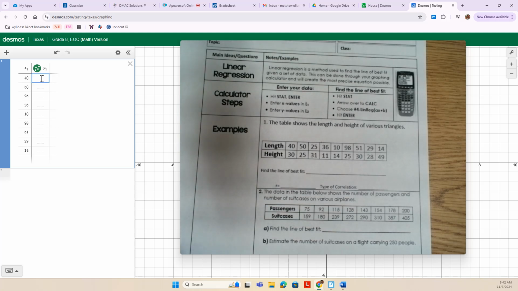And then I'll put the height values into the y. It's important that I put all of my values in there. Otherwise, my line isn't going to be quite the same.